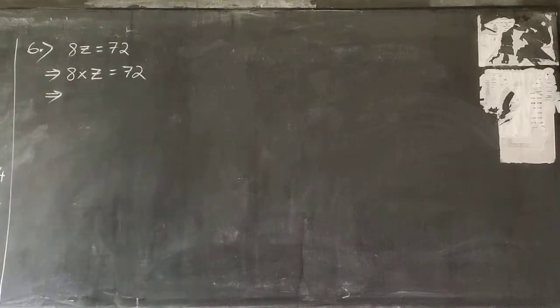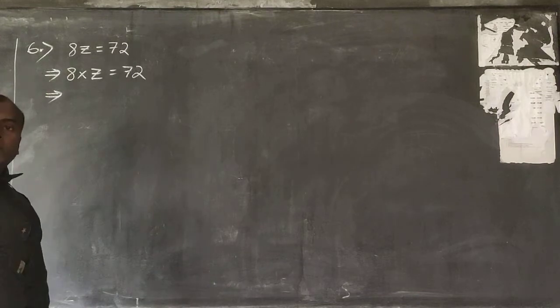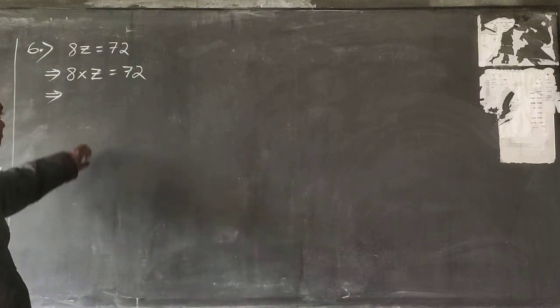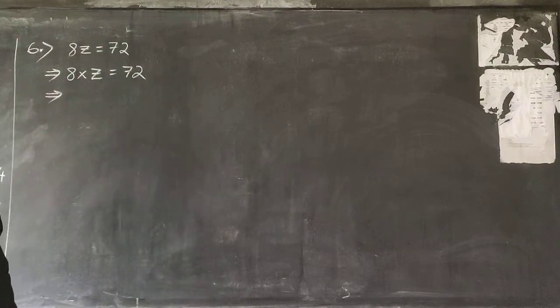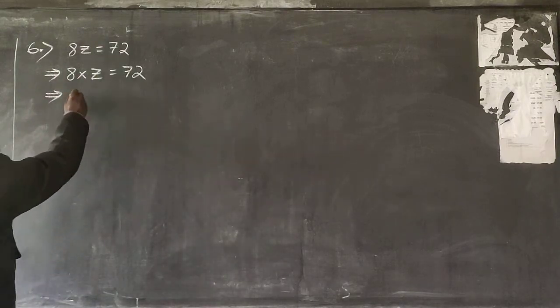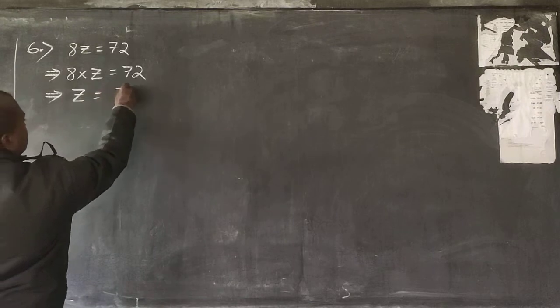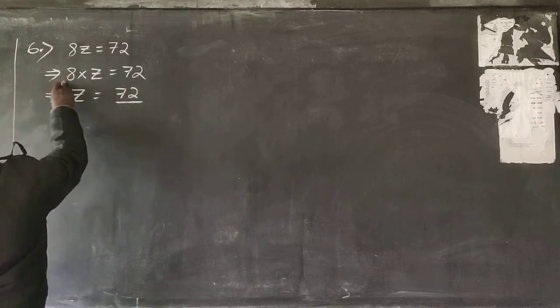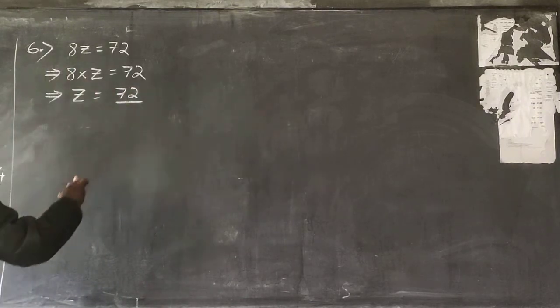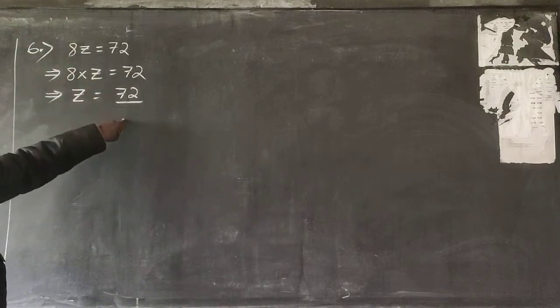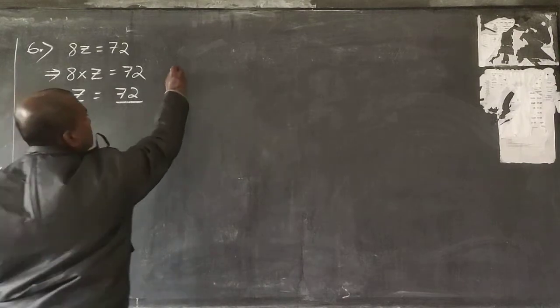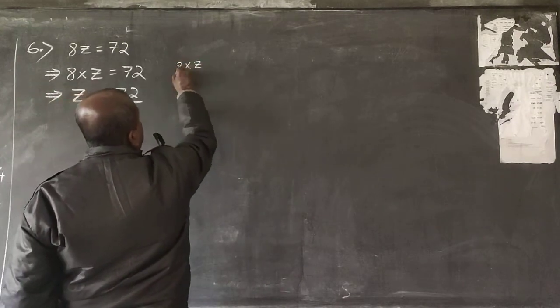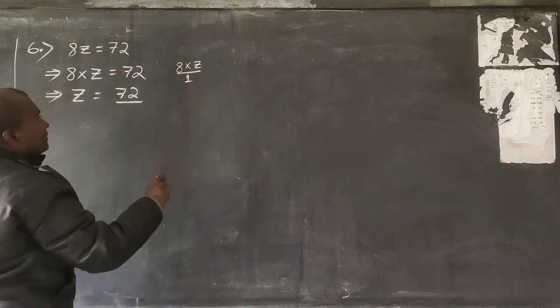How to isolate z? What did we learn? For shifting method, how do we isolate z when there is multiplication sign with a constant number? How do we do that? Okay, we do that by taking this constant number 8 on the other side. But when this goes on the other side, right now it is in the numerator. 8z means what? 8 into z means there is 1 as denominator.